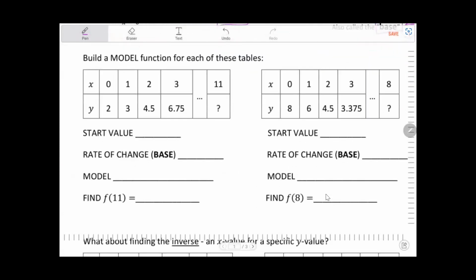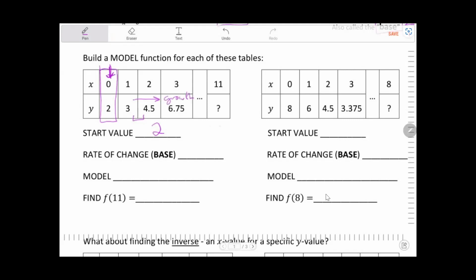Let's walk through this one. Starting value, here's our starting value right here. Notice when time or number of things we did was 0, that's our starting value. So our starting value is 2. We can divide these. Notice this is growing. This is a growth function.